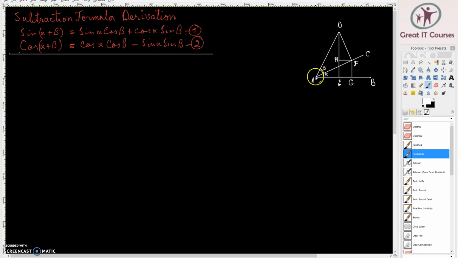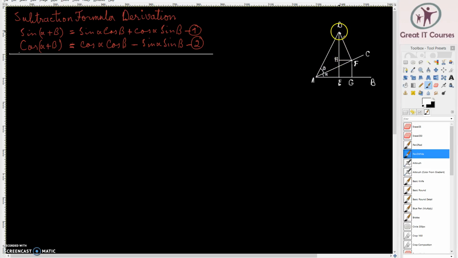First of all, you have a straight line in this figure, line AB, and you let the straight line AB revolve to the point C and sweep out the angle alpha. So now we have the angle alpha here, and then you let the same line continue to point D to sweep out angle beta.